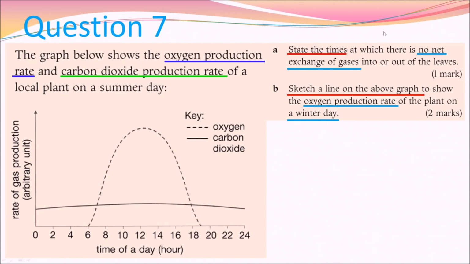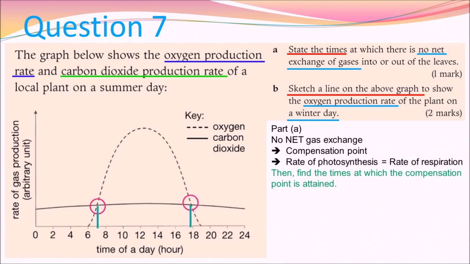So you can refer to the timeline and think about when the plant starts doing photosynthesis. For part A, state the time at which there is no net gas exchange in and out of the leaves. You need to think about what no net exchange of gases means. It means the compensation point, because at this certain light intensity, the rate of photosynthesis is equal to the rate of respiration.